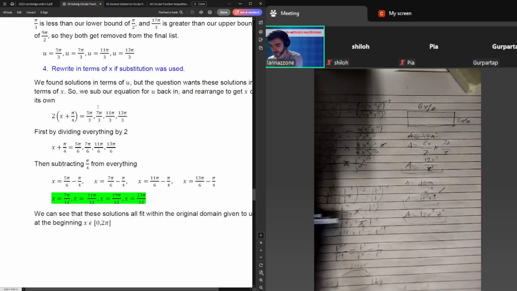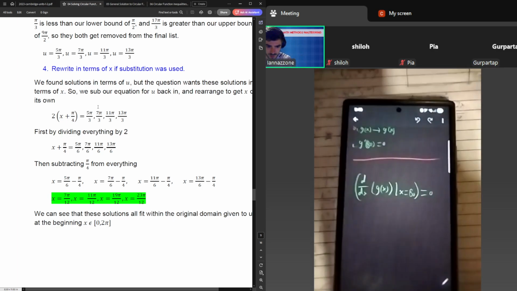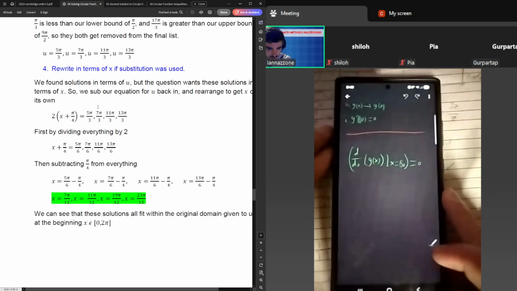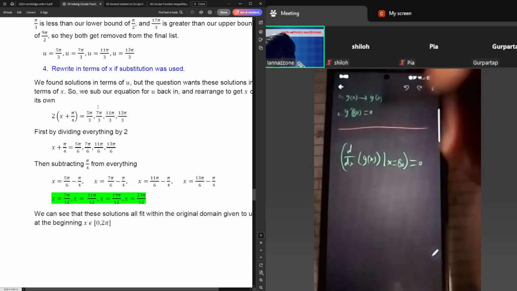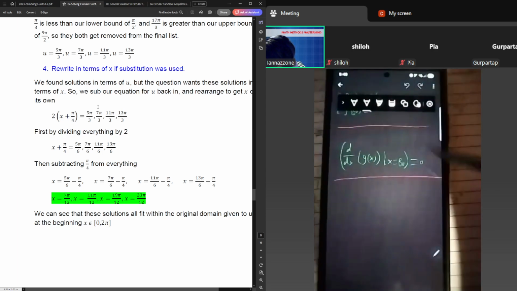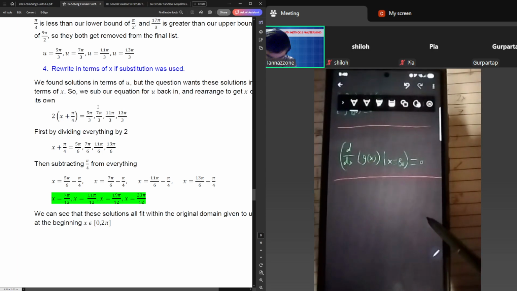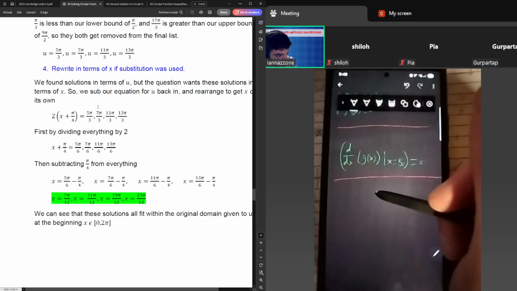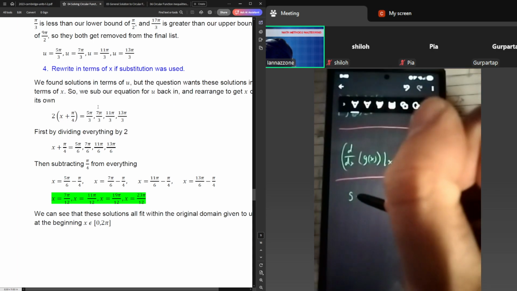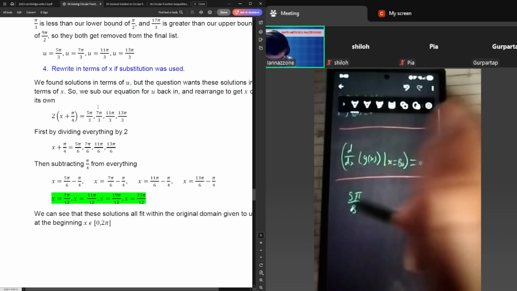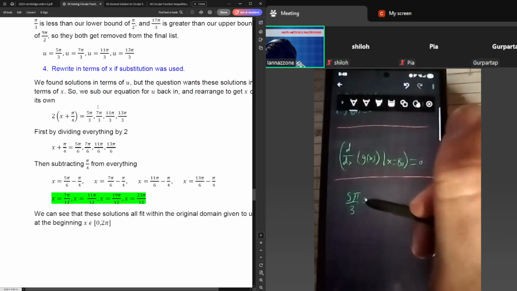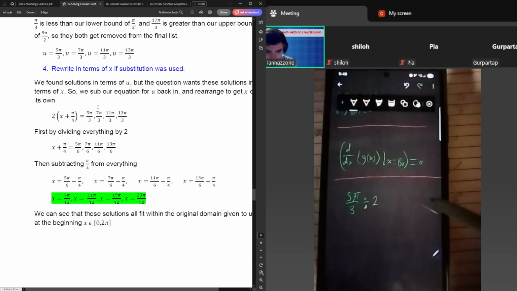Yeah, okay. So dividing fractions, I'll do it in a very fundamental way. So let's say we have 5 pi over 3, and you want to divide that by 2.